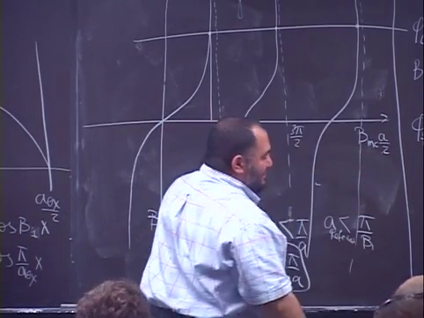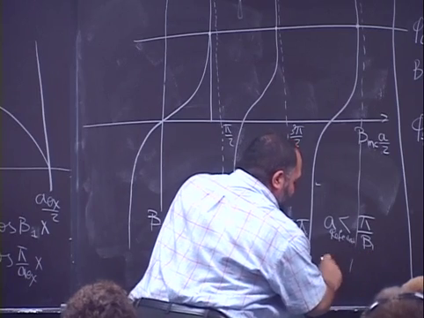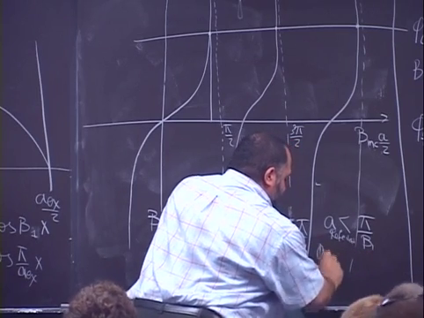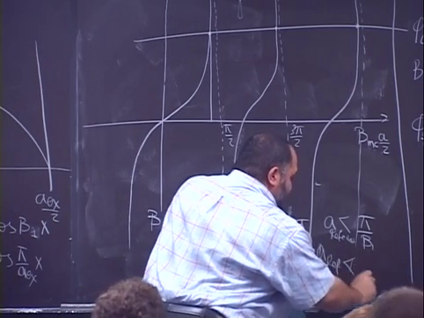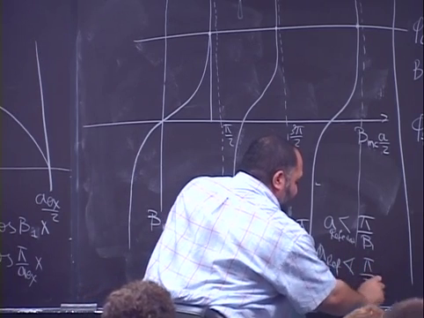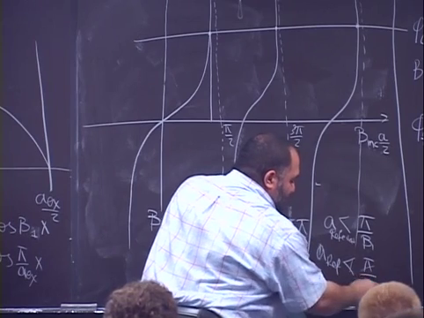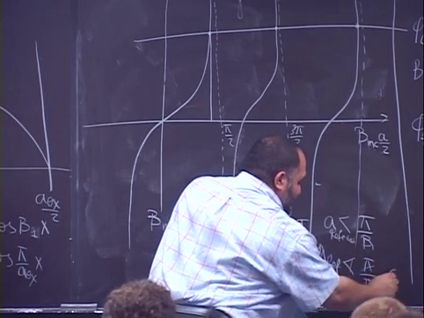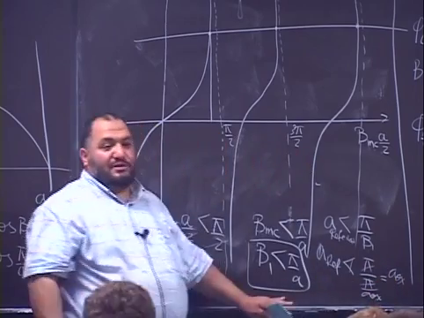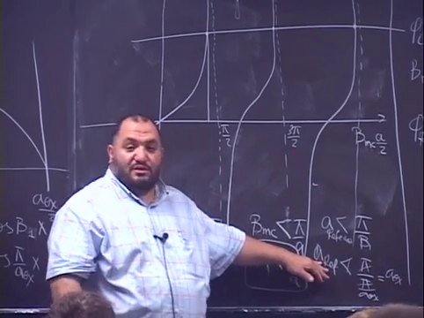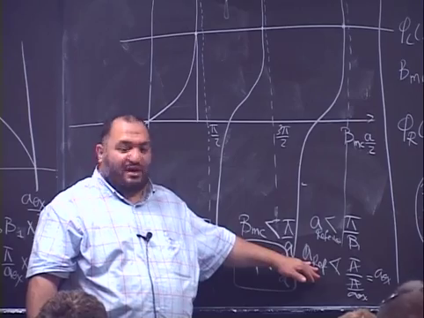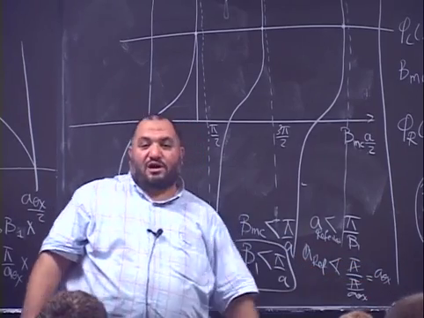Pi over A extrapolated. So pi goes by, and this would be equal to A extrapolated. So the A for a reflected reactor is less than the A for a non-reflected reactor.